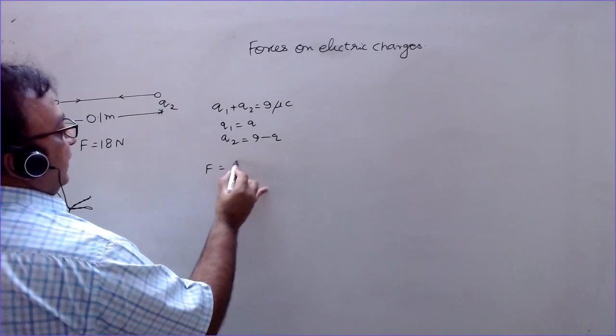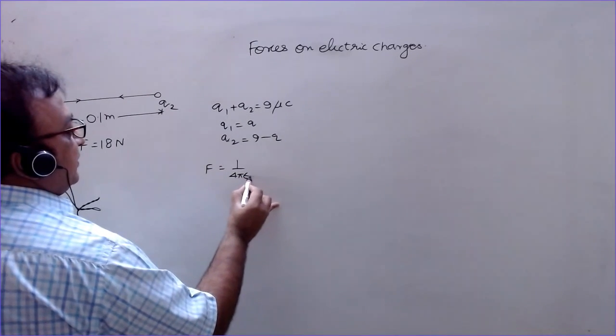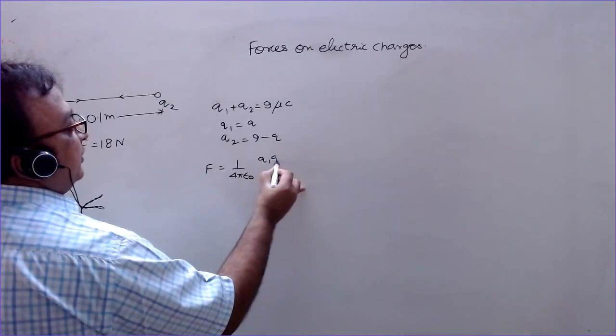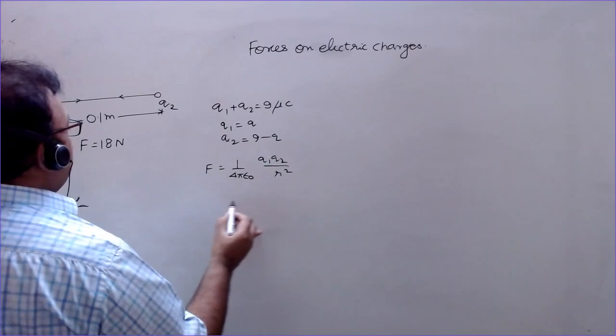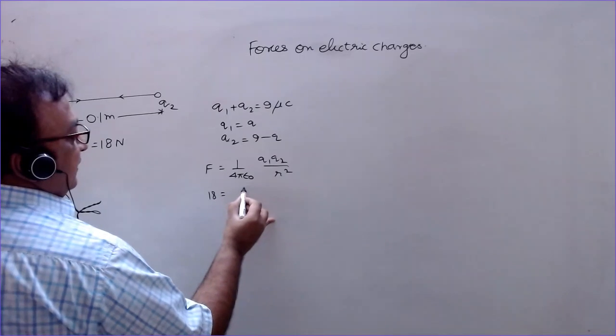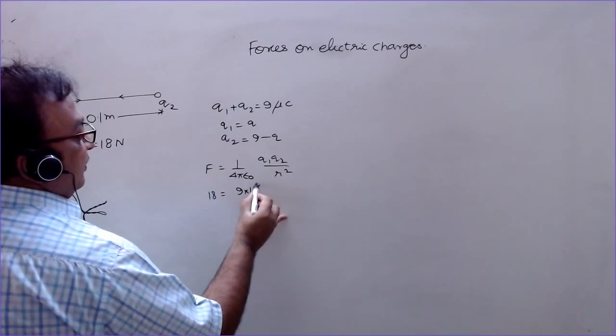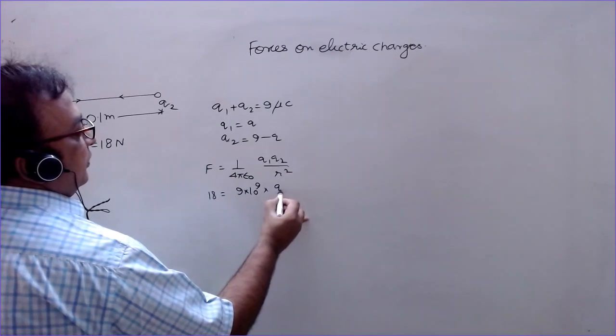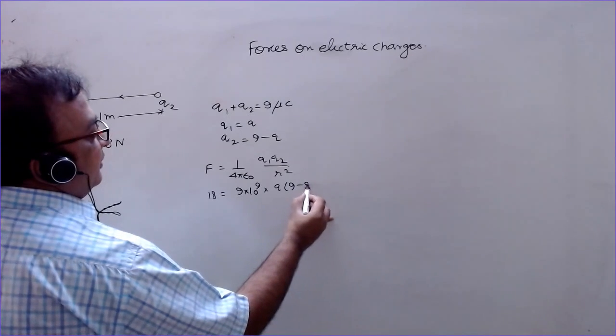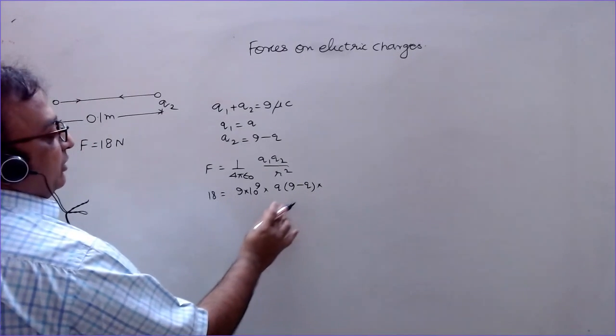So F is 1 upon 4 pi epsilon 0 Q1 Q2 by R square. Putting the values here, 18 is 9 into 10 raised to the power 9, Q into 9 minus Q, and these are in microcoulombs.